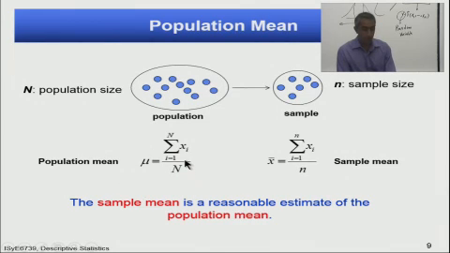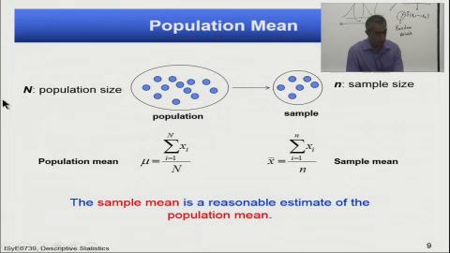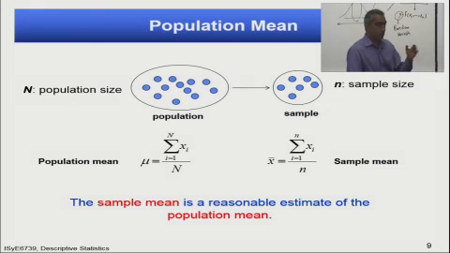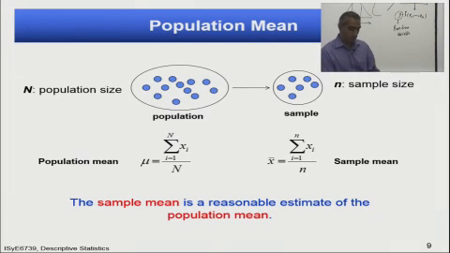Whenever we are referring to population mean, we show that with mu, which, as you can see, is all the single observations in the population added up and divided by capital N. Capital N is the population size, and a small n is the sample size. So whenever we want to refer to population size, we use capital N, and whenever we want to refer to sample size, we use a small n.